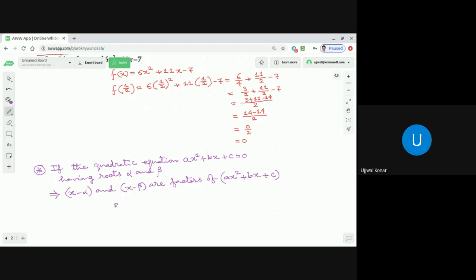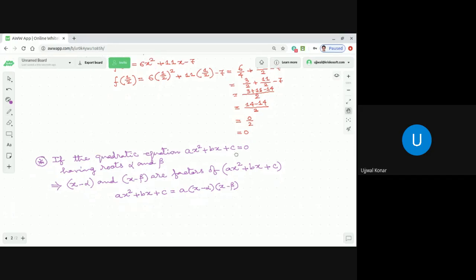In fact, we can write ax square plus bx plus c as a into x minus alpha into x minus beta. Same concept is applicable to the cubic equation.